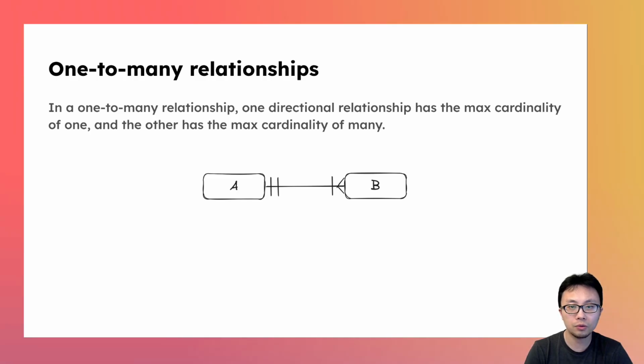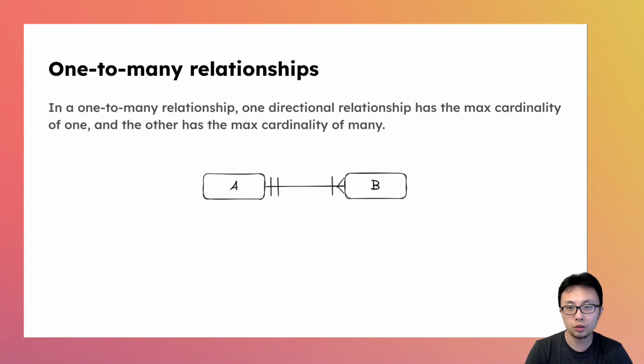As you can see from this example on the screen, when it comes to data entry, the two min cardinalities as 1s essentially mean that when you try to add a row of data into table A, it has to be associated with an existing row in table B.